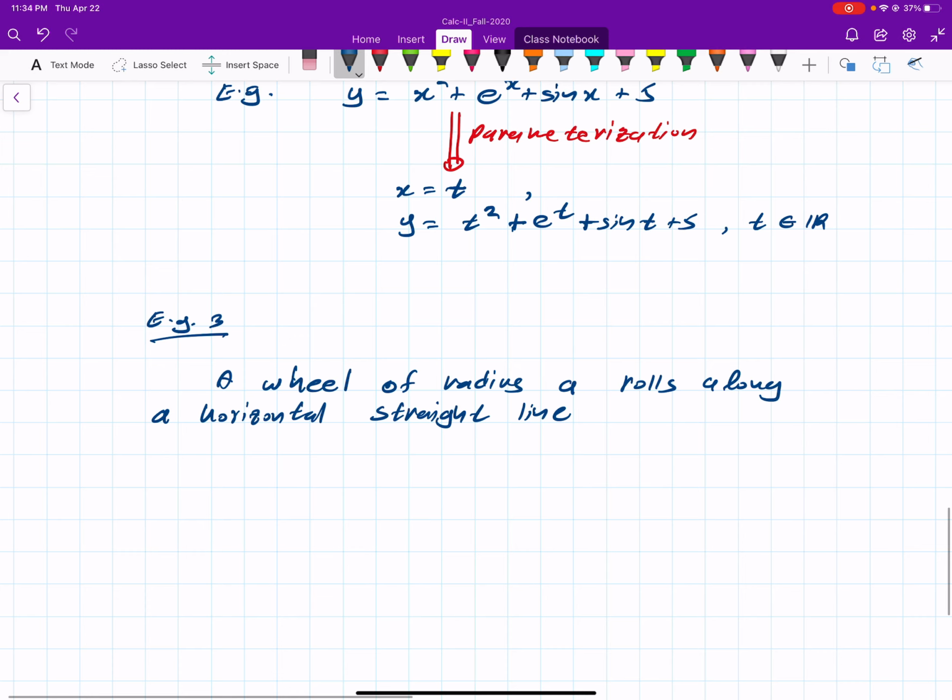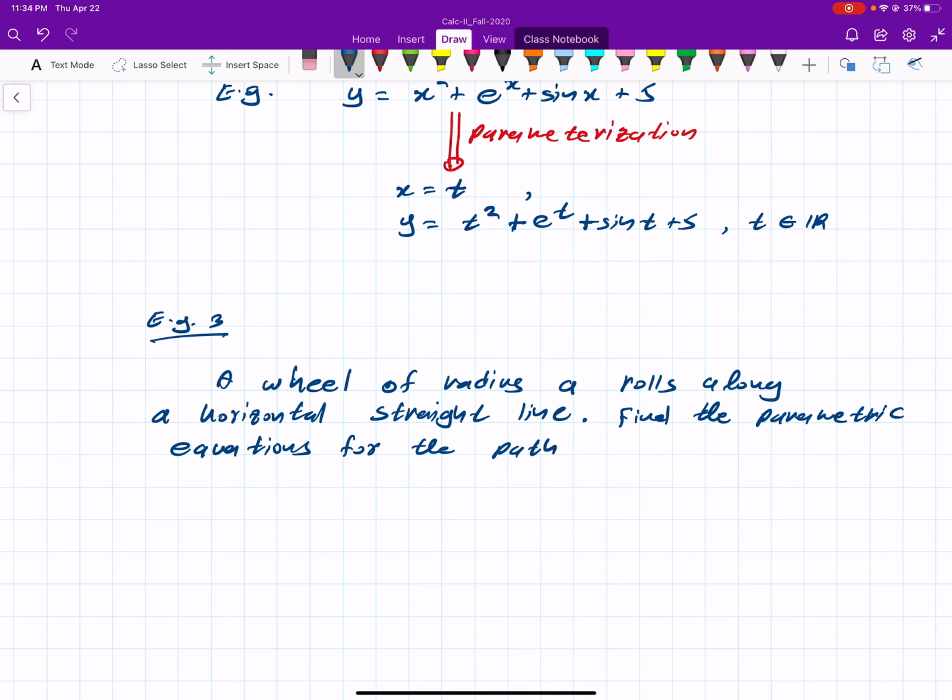Find the parametric equations for the path traced by a point P on the wheel's circumference.